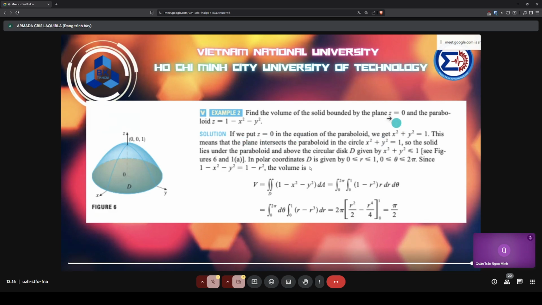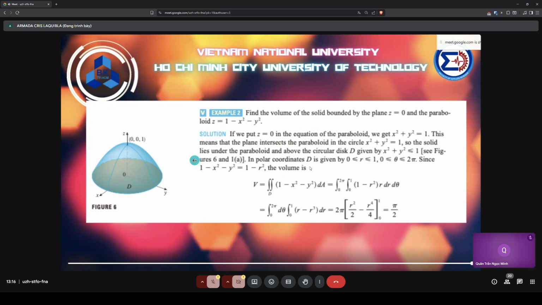Next is, if your z there is 0 and you make this 0 here also, we have x squared plus y squared is equal to 1. Correct? Here is 0. Make this 0 here. So transfer the x squared and y squared to the other side. It becomes x squared plus y squared is equal to 1. This means that the plane intersects the paraboloid in the circle x squared plus y squared is equal to 1.